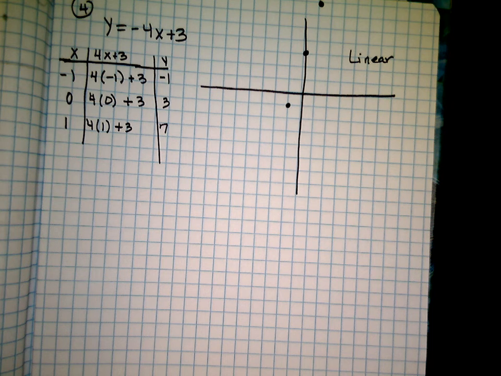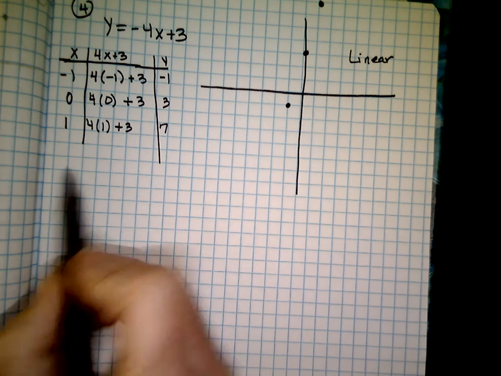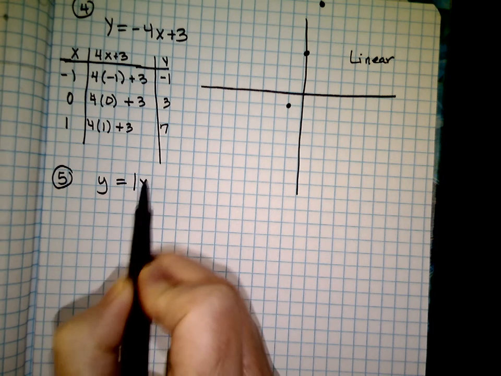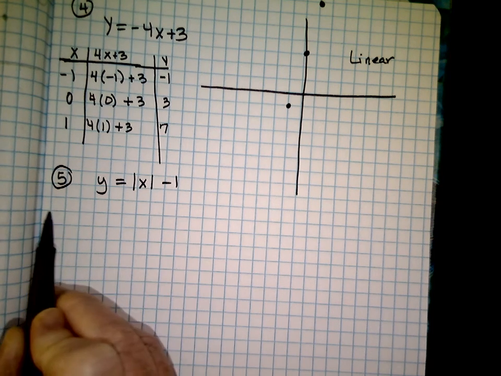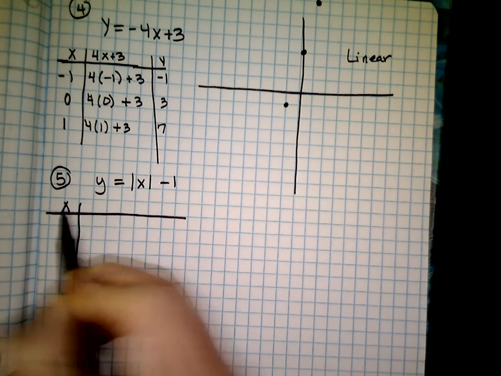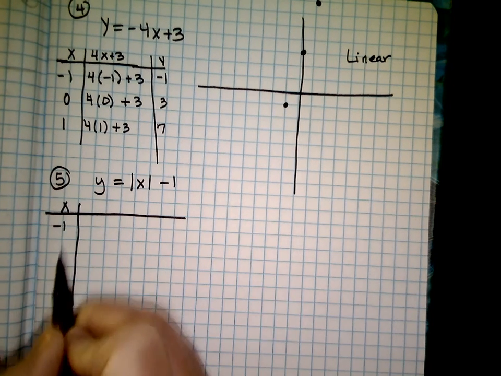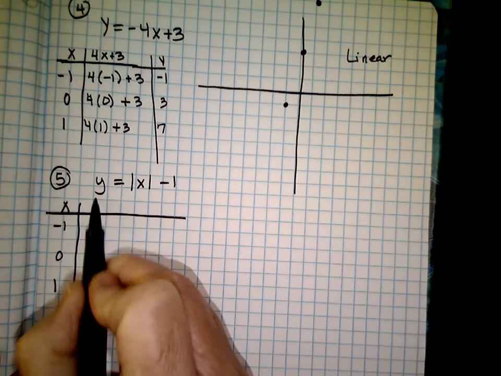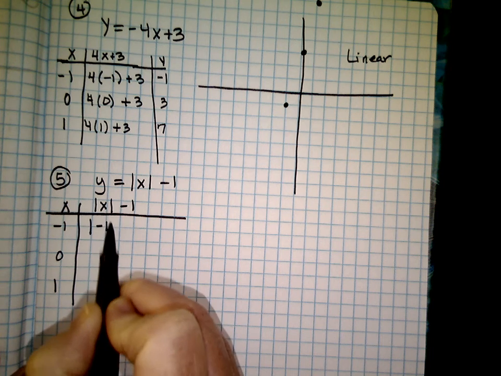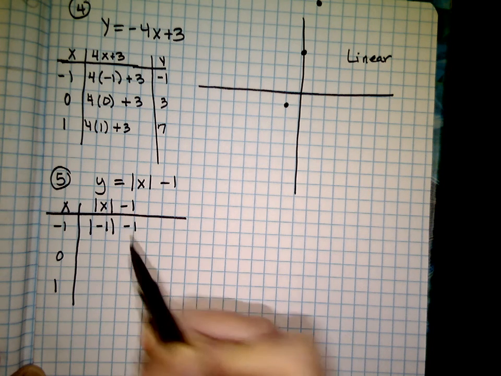Question 5 asks you to graph another one. What's the difference between 4 and 5? Absolute value. Okay, choose some numbers for x. That's fine with me. So this is the absolute value of negative 1 minus 1.